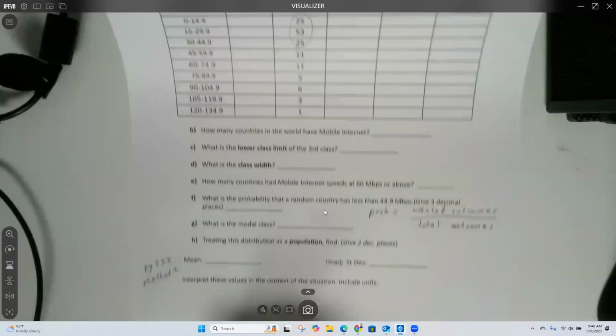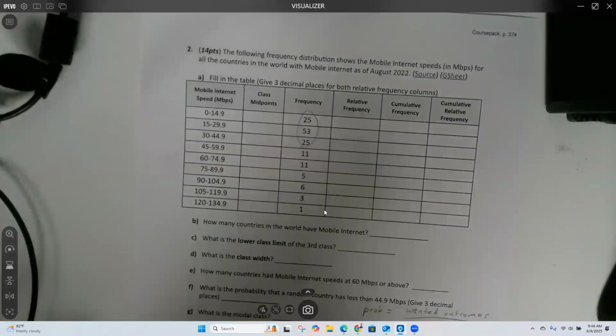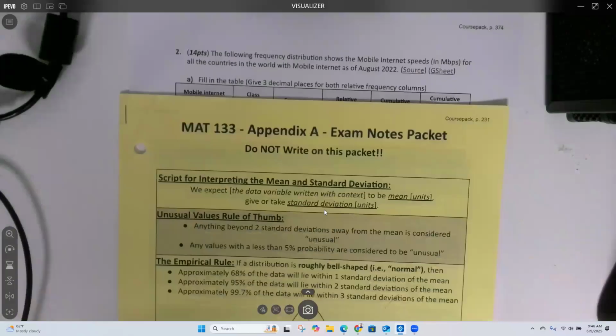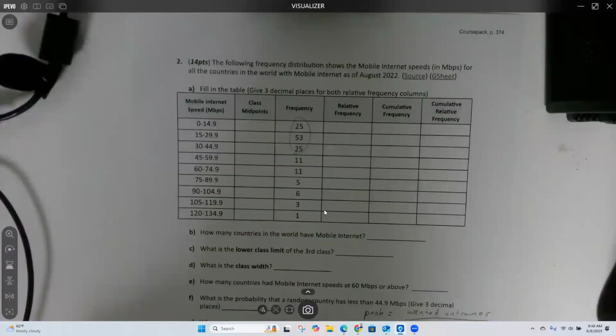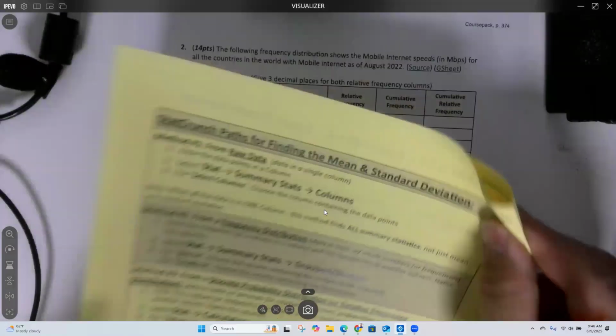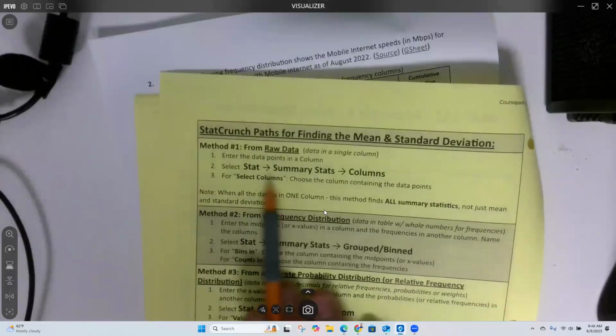Page 232 in your course pack, that was the yellow exam notes packet that you can use for the exam. On the second page, there are a couple different ways to find means and standard deviations.